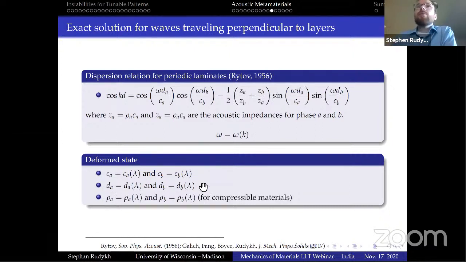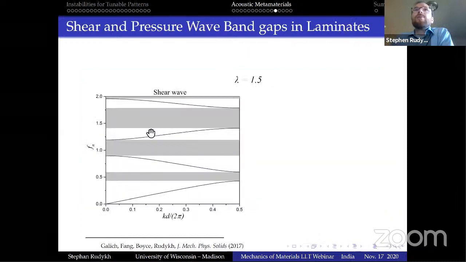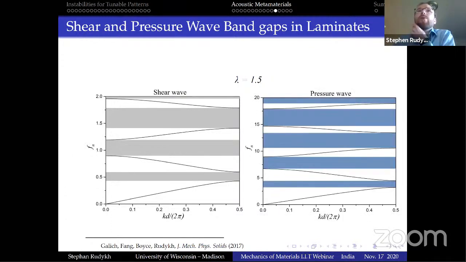And if the material is compressible, even slightly, we can also account for that, so the density can change with that. And that's how this dispersion relation will look. This is for shear wave, and this is for pressure wave, and these are regions for the band gap. So there's nothing really very new about that.